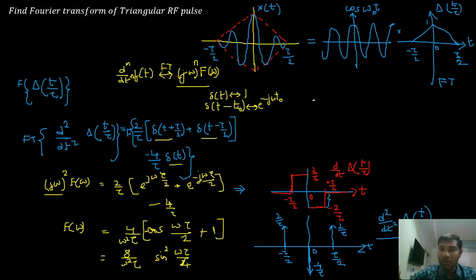Now that is equal to, let me just convert this first: 8 by omega square tau into sine omega tau by 4 whole square.